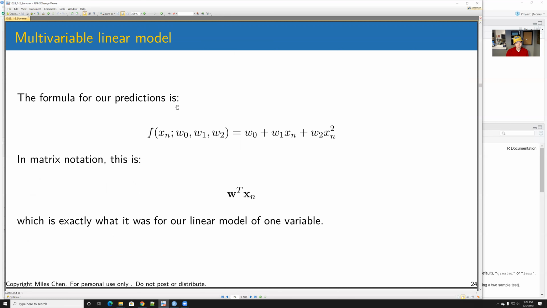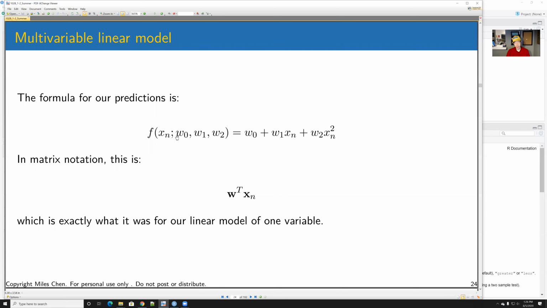When you have this linear model, now we have 3 coefficients, 3 weight values: w0, our intercept; w1 for our x term; and w2 for our x squared term. But in matrix notation, this is still W transpose.